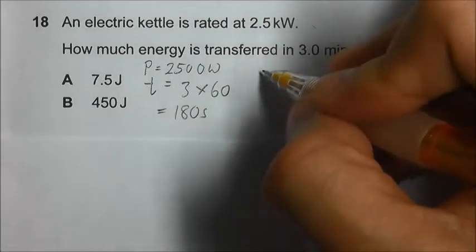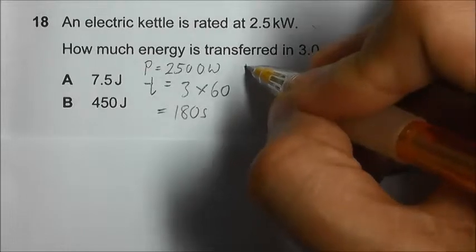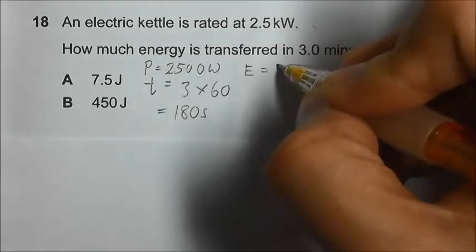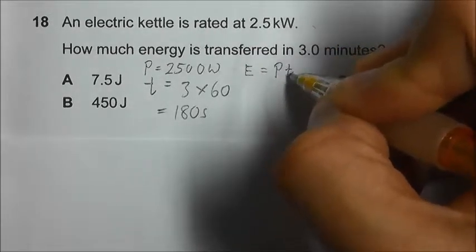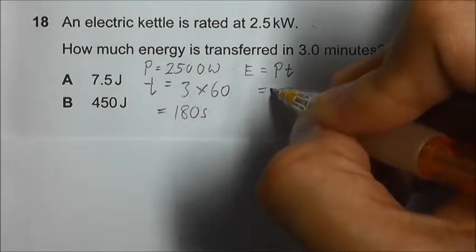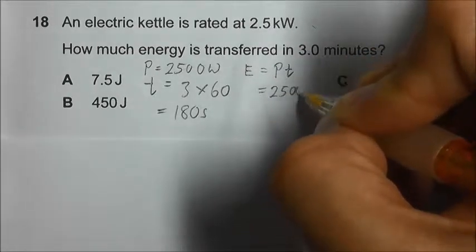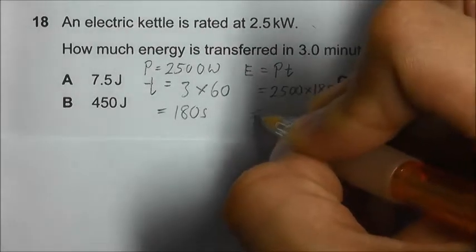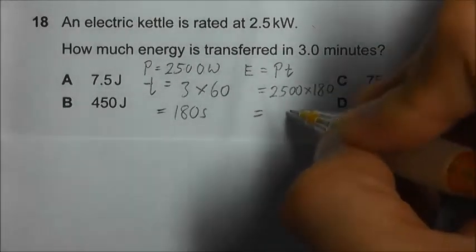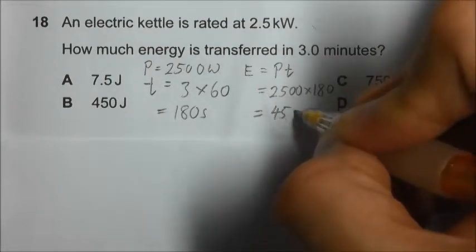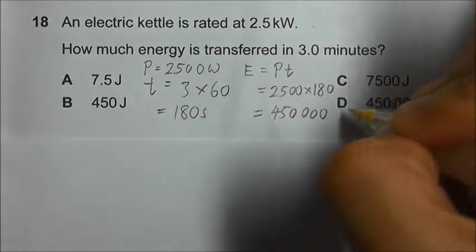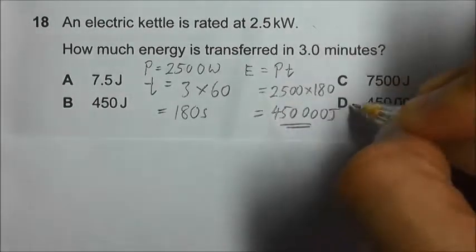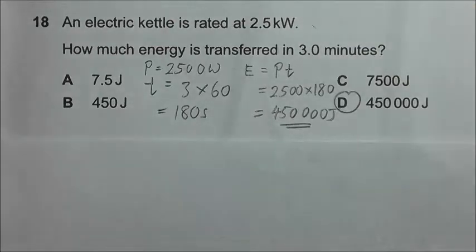To find the energy transferred, you can use the formula energy is equal to power times time. So power is 2500 and the time is 180. So we will get 450,000 joules. Answer D.